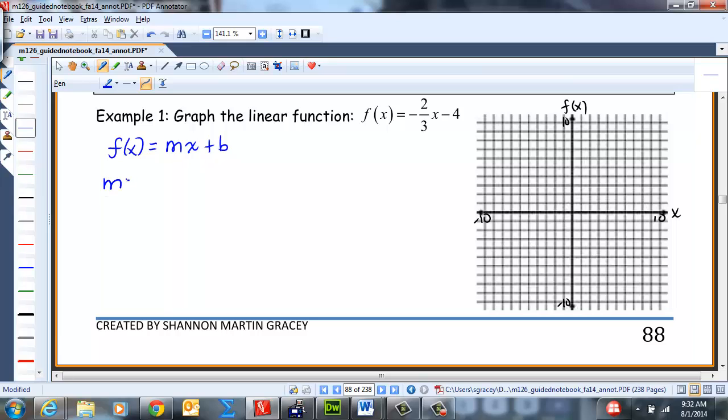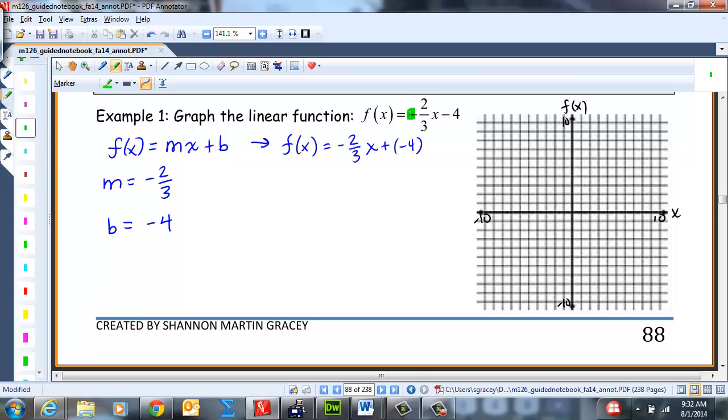So our m is -2/3, and the b is -4, because you could write our function as -2/3 x plus -4 if you need to do that. So our slope was the coefficient of the x, and our y-intercept was the -4 because there was a plus in the formula.